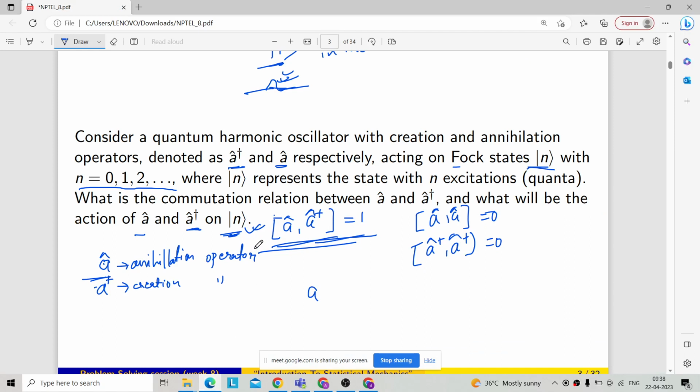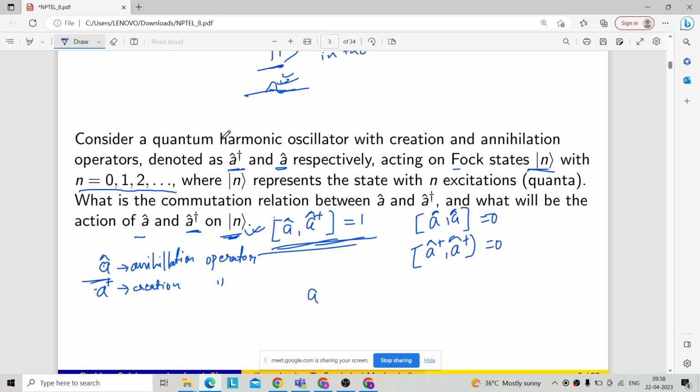Okay, let me tell you the question once again. So in the last class, it has been taught about the Fock states, right? So we were doing a question about this Fock state. The question is, consider the quantum harmonic oscillator with creation and annihilation operators, denoted by A dagger and A respectively.